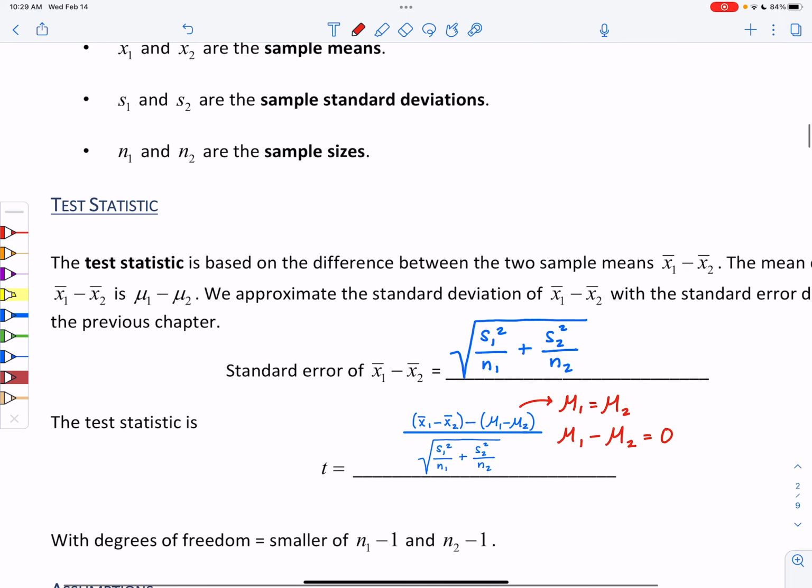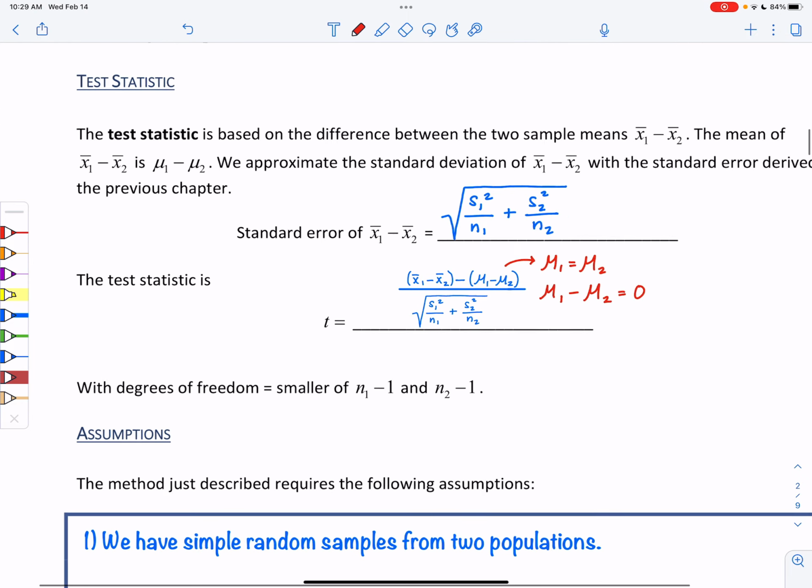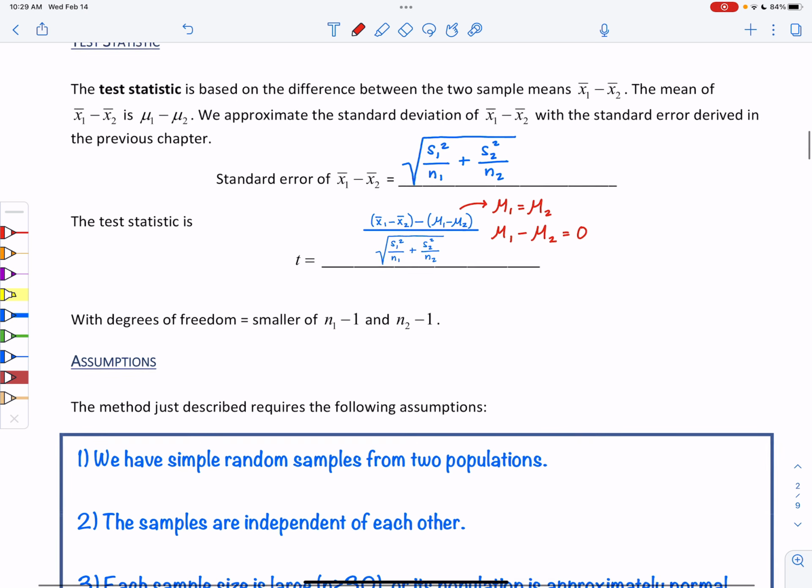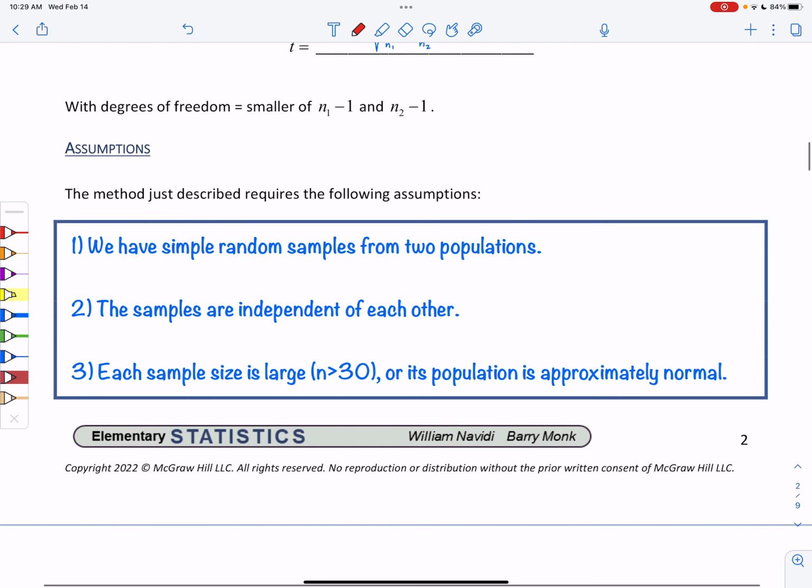We're going to use a t-distribution, again, just like we did in Chapter 10 for the confidence intervals, and the degrees of freedom will be the smaller sample size minus 1. We do have a few assumptions that need to be met to make sure that we can use this particular distribution. Simple random samples, independent samples is what we're looking at here, and then each sample size is greater than 30, or we know that the population is normally distributed.